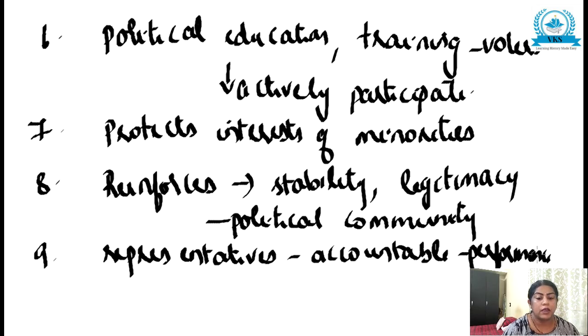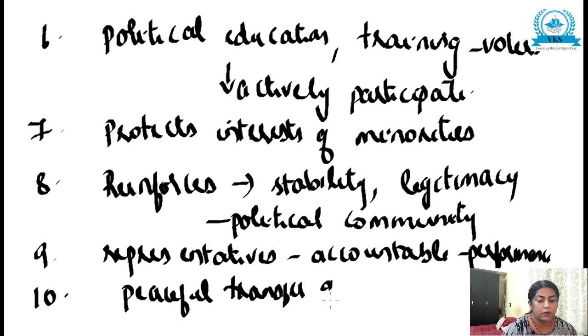And it contributes to the continuation of democratic government and enables the peaceful transfer of power. Finally, we can say that it contributes to the continuation of democratic government and it also enables the peaceful transfer of power. So all these are the points regarding why election is important, that is the importance of election.